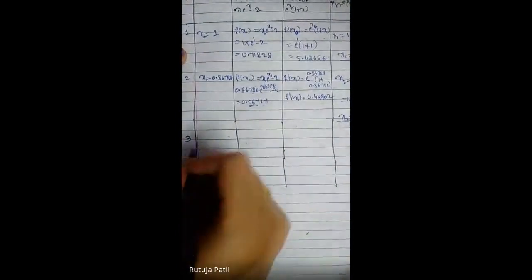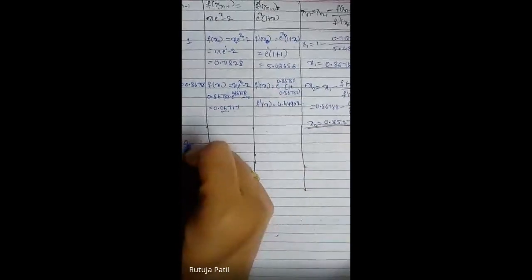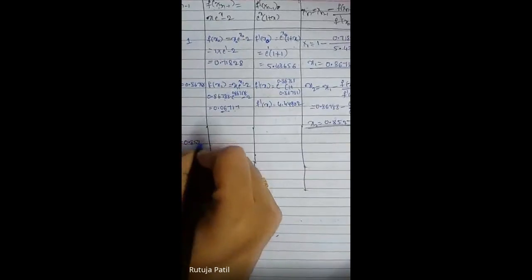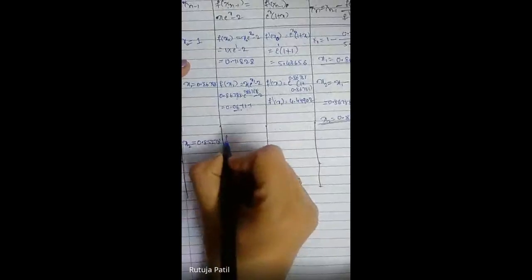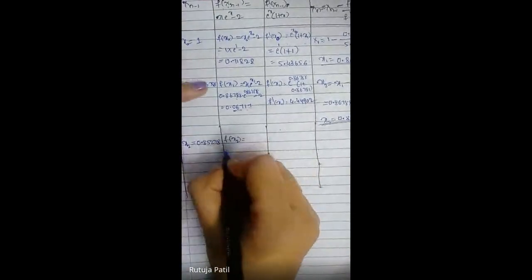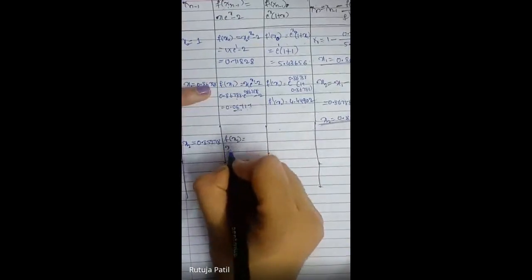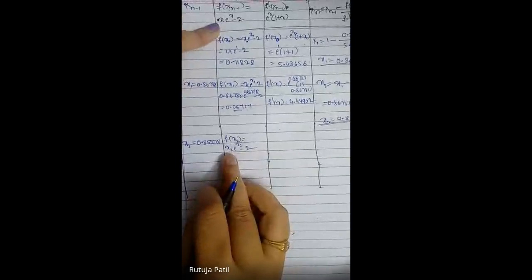So for the third iteration, we require the x2 value. Just now we have calculated x2, that is 0.85278. Next we have to find f of x2, that is x2 into e to the power x2 minus 2. This is the equation, right?